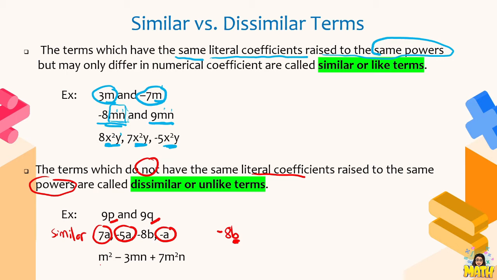We have m squared, 3mn, and 7m squared n. Again, a term must have the same literal coefficient raised to the same power. Dito, parehas naman silang may letter m, pero naiba naman yung exponent nito. So, itong tatlong to ay example ng dissimilar or unlike terms.